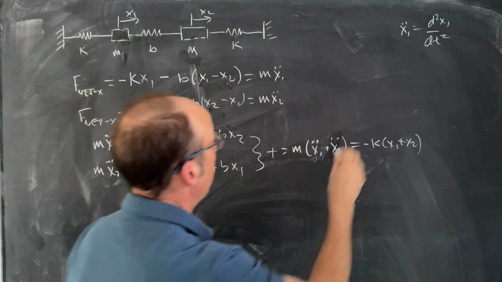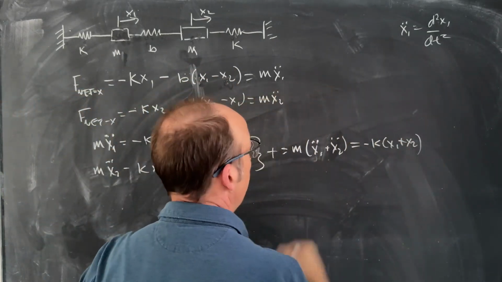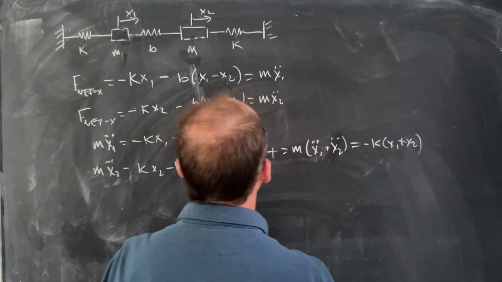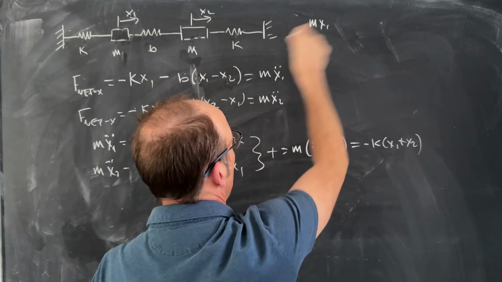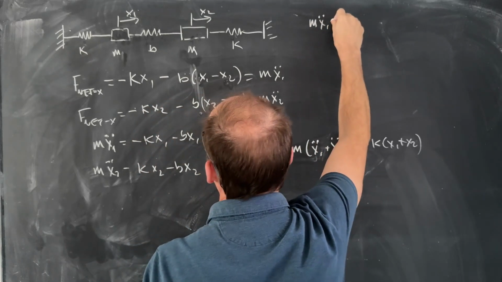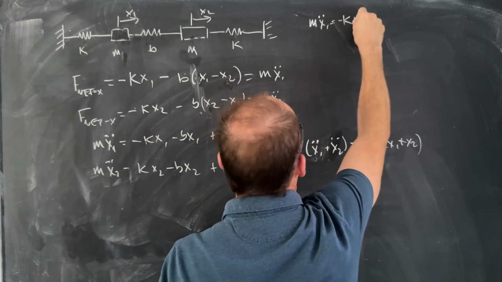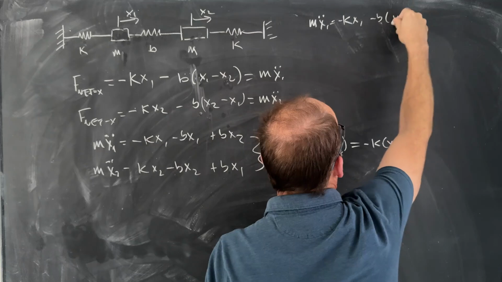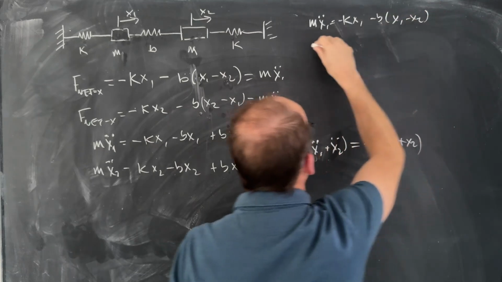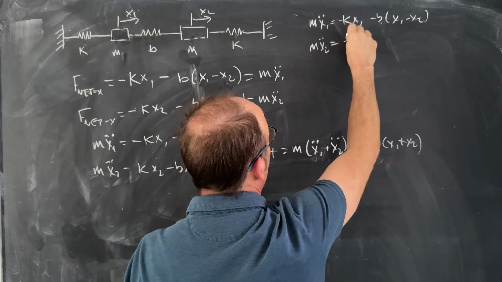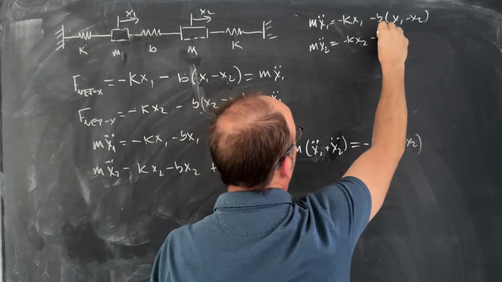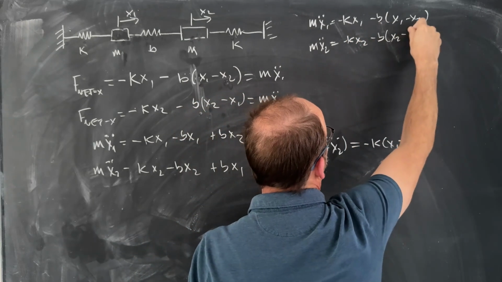I don't need this thing, but I do want to preserve some things. So m x1 double dot equals negative k x1 minus b x1 minus x2. And then m x2 double dot is negative k x2 minus b x2 minus x1.